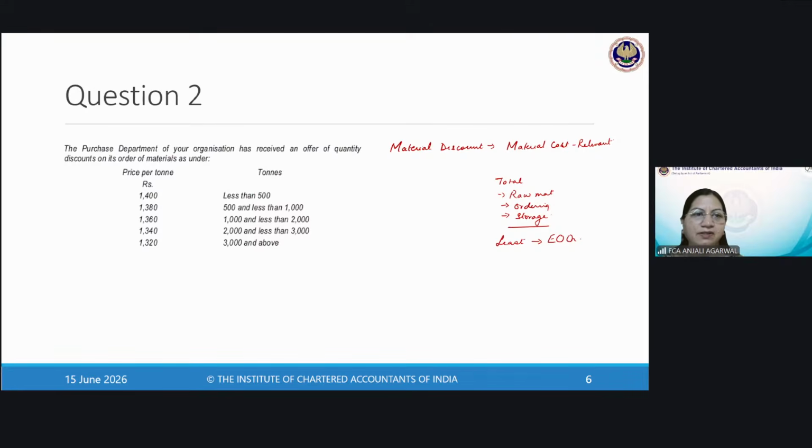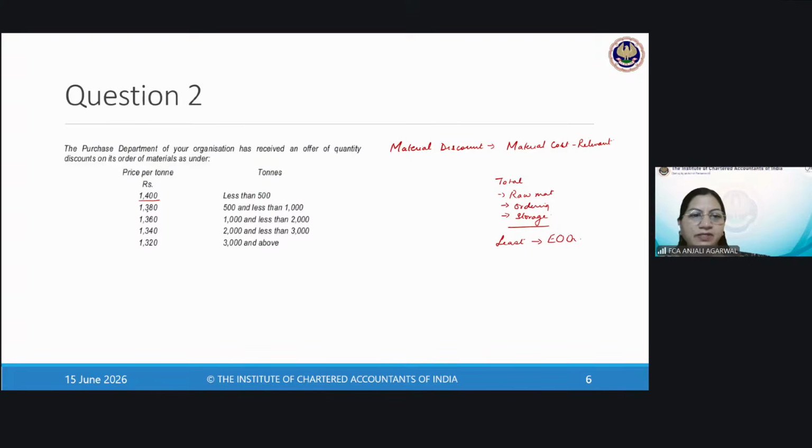So for example, in this question, you can see the purchase department has received an offer of quantity discounts on its order of material as under. So it's saying that the price would be 1,400 per ton if you order anything less than 500.